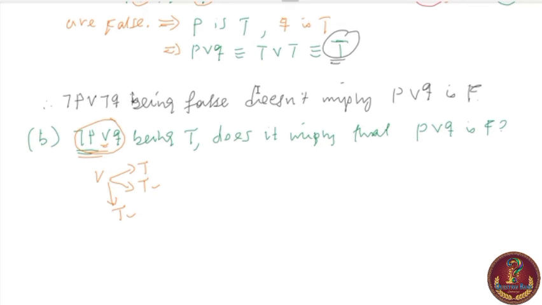So for example, let's take that negation of P or Q is equivalent to true. Let's assume that negation of P is true and Q is false. So true or false is true.